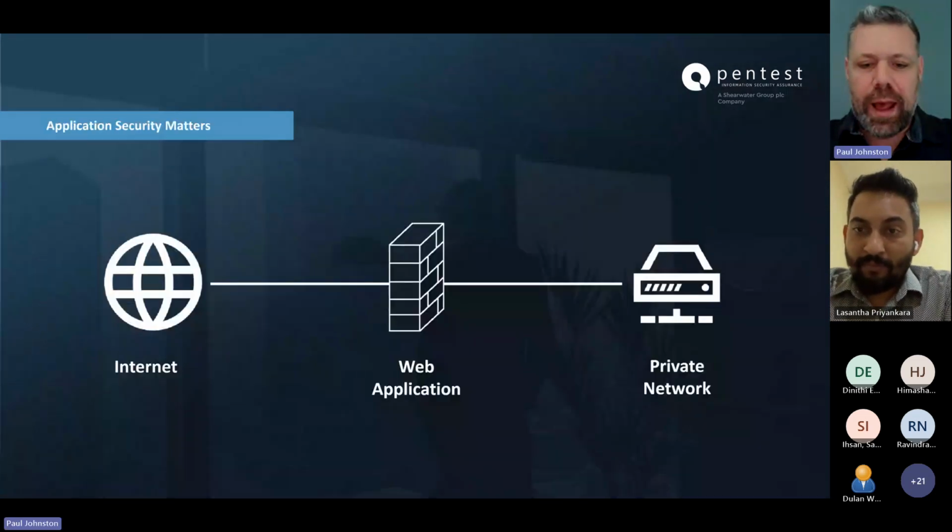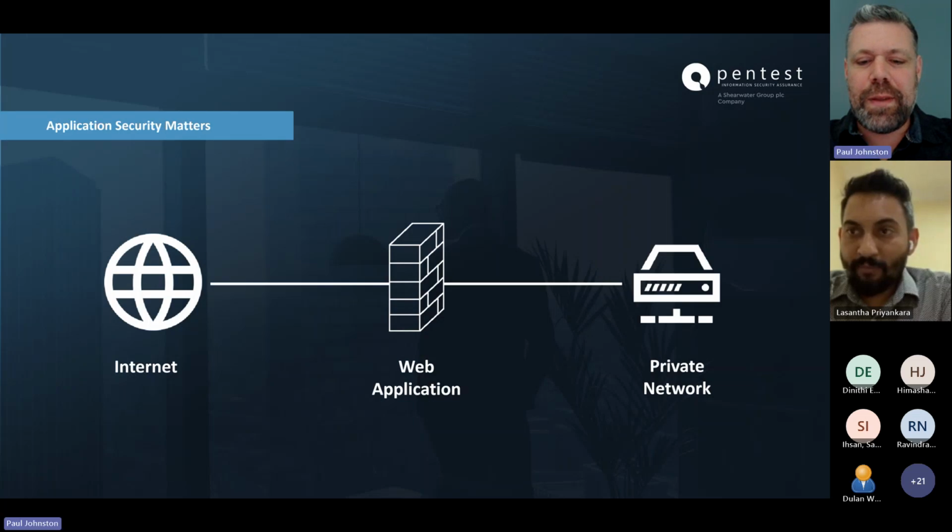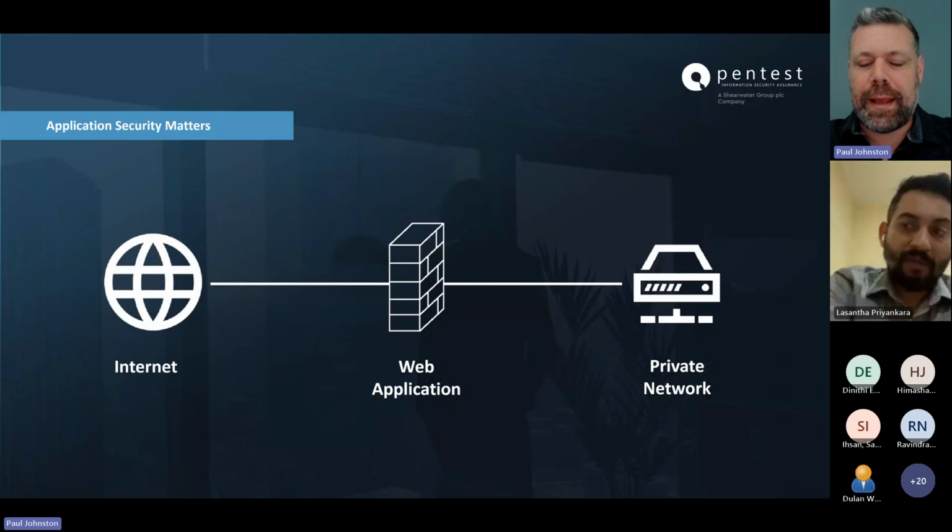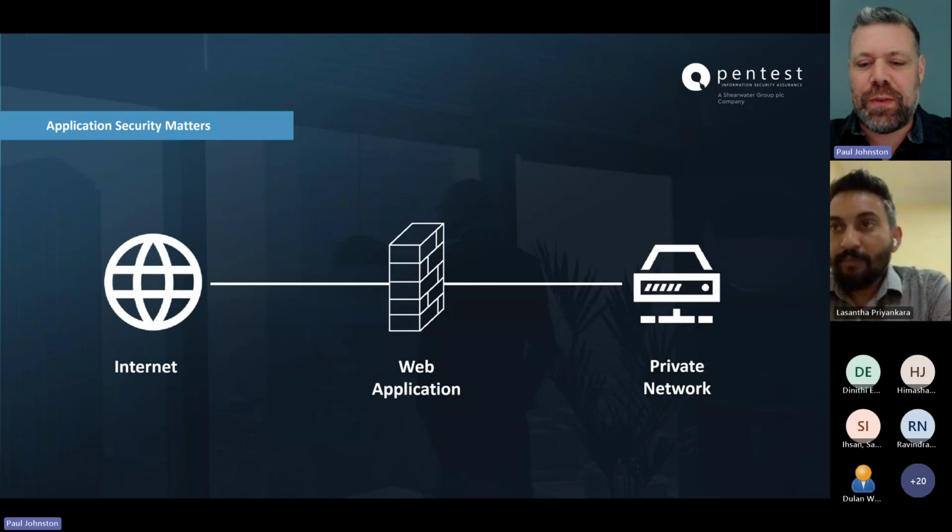And this holds even though organizations have got all sorts of infrastructure and operational security. So, you might have TLS encryption and use strong AES encryption. You might have a web application firewall. You might have intrusion prevention systems.